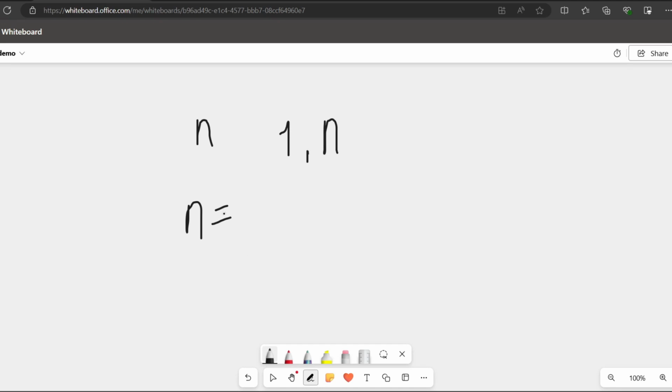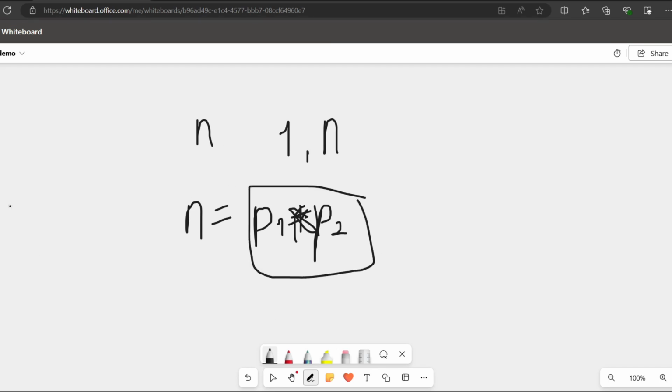And what we have to make sure is that those divisors don't have further divisors. So what does that mean? That means that we have to find two prime numbers. So we have a divisor that is 1, we have the divisor n, which is our number, and we have two prime numbers that make up n, right?